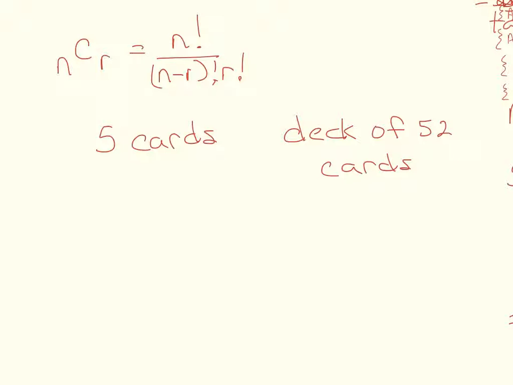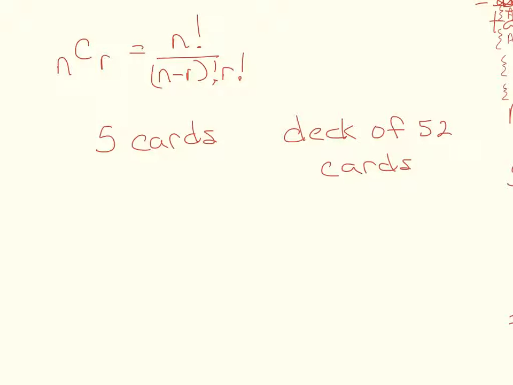In this deck of 52 cards, you have 4 different types of cards: your diamonds, your clubs, your spades, and your hearts, and you have 13 of each of those. So 13 times 4 would give you 52. I've been surprised that not everybody knows about the different suits in a deck of cards. So we want to know how many different poker hands we could get out of a standard deck of 52.